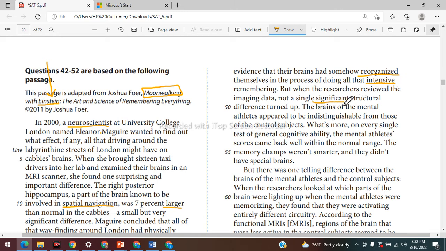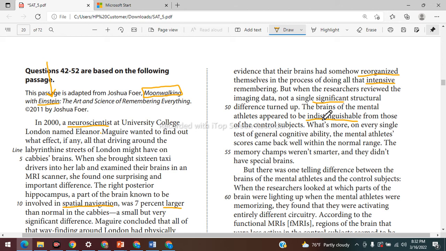Significant. Indistinguishable. This is a very good one. Indistinguishable. Anyone know what indistinguishable means before I say? Not distinguishable. Yeah. If something is indistinguishable, that means you can't tell the difference, right?